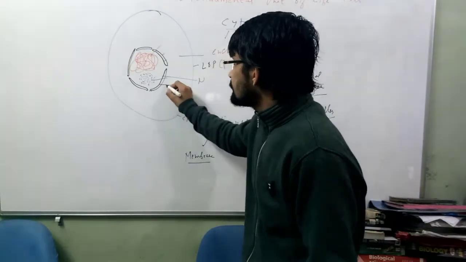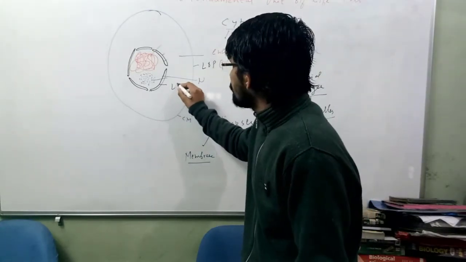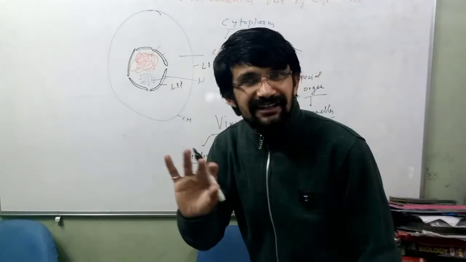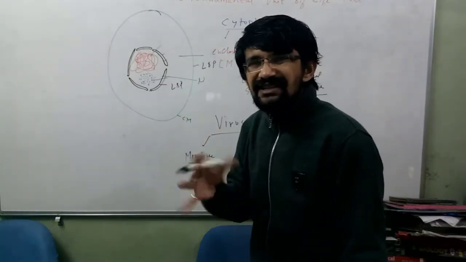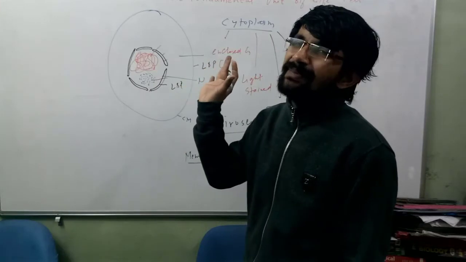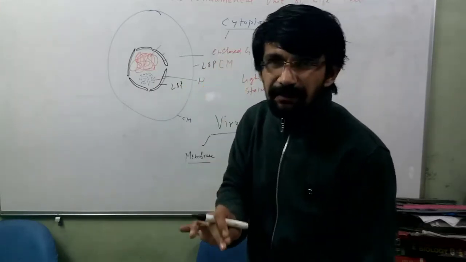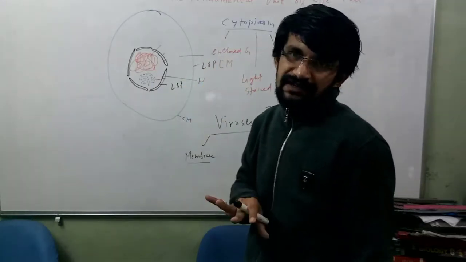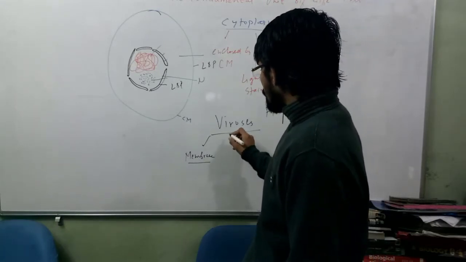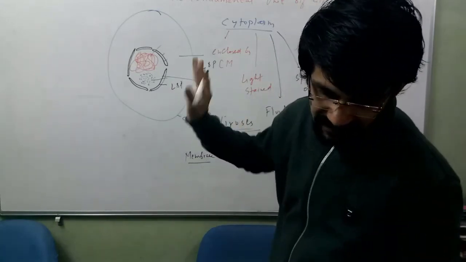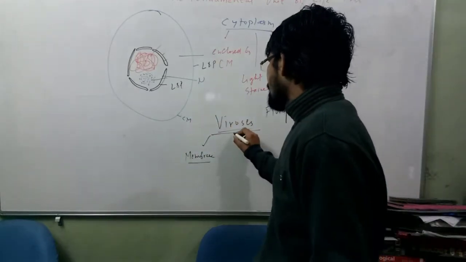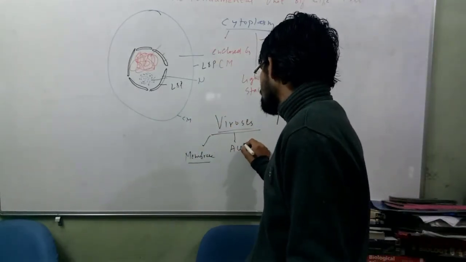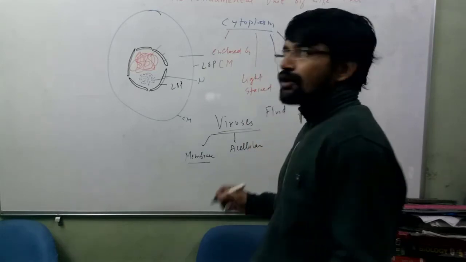Before I move on, this membrane is also made up of lipids and proteins, but the amount of protein and lipids may vary according to the different membranes found in different types of cells or in different organelles, right? Viruses are that case. They basically lack a membrane. That's why we call them acellular organisms also.